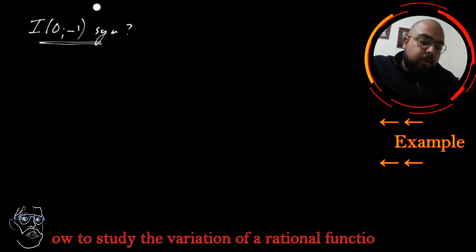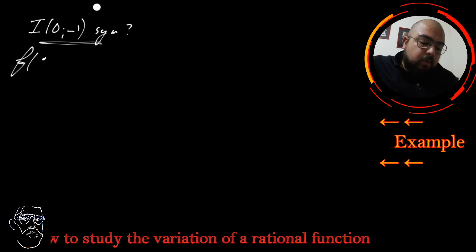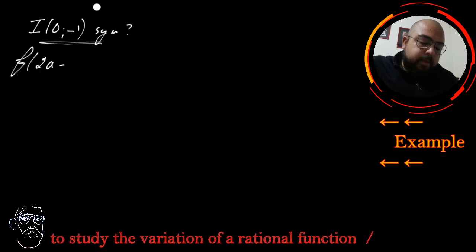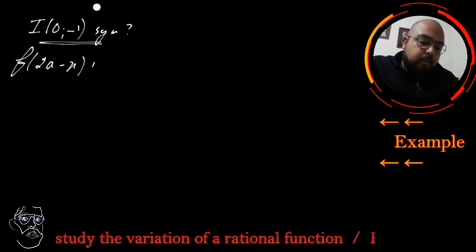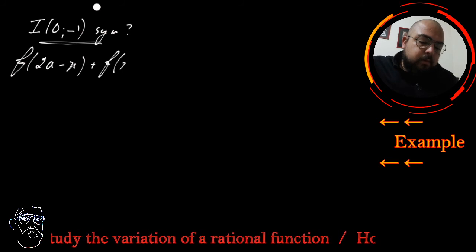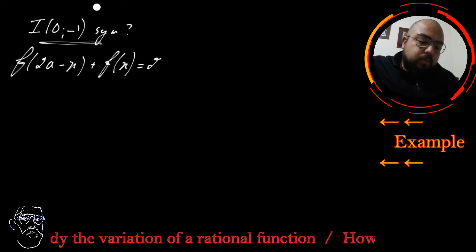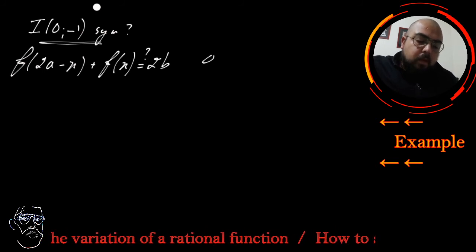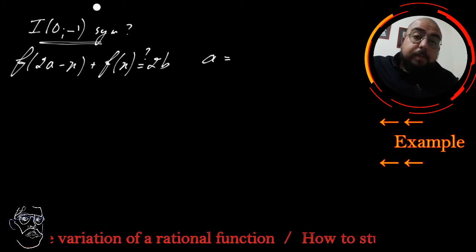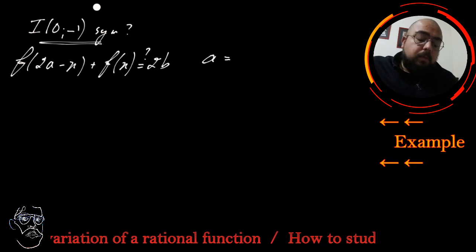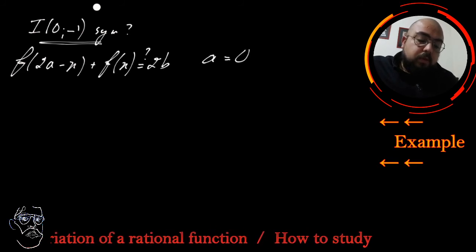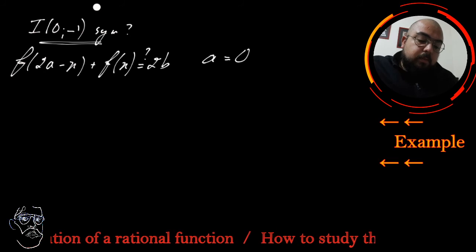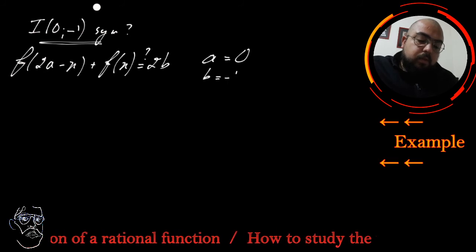The formula is f of 2a minus x plus f of x equals 2b. Now, a is the abscissa of this particular point. In this case, it's 0, and b is minus 1.